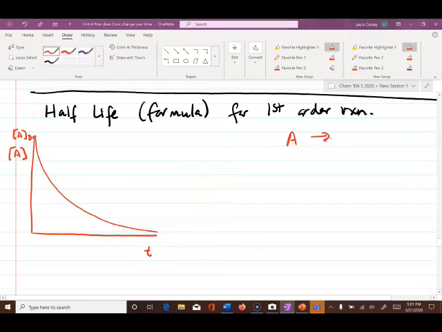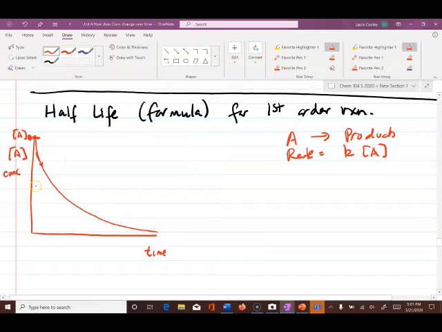So we're talking about A goes to products, and the rate is k times the concentration of A. And the concentration, of course, is going to decrease with time. So here is what it is initially. This is the concentration over time.